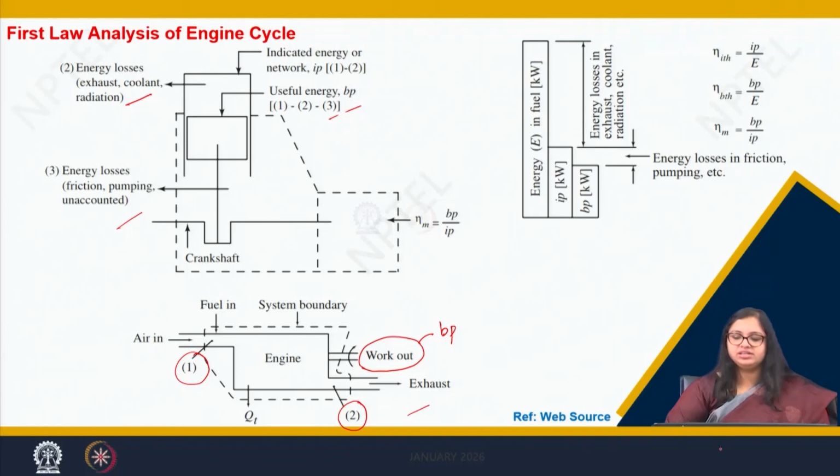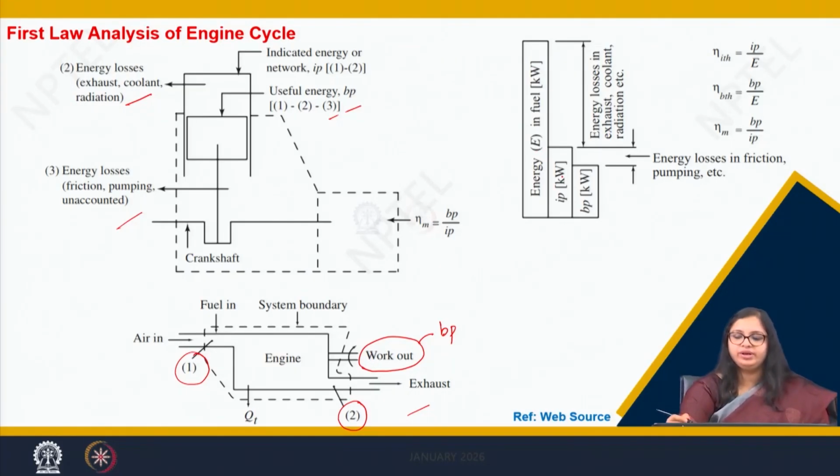Now there are certain efficiencies of this system, which we call the indicated thermal efficiency, brake thermal efficiency, or the mechanical efficiency of the engine. So let's say we get an energy from the fuel that depends on the mass and calorific value of the fuel.